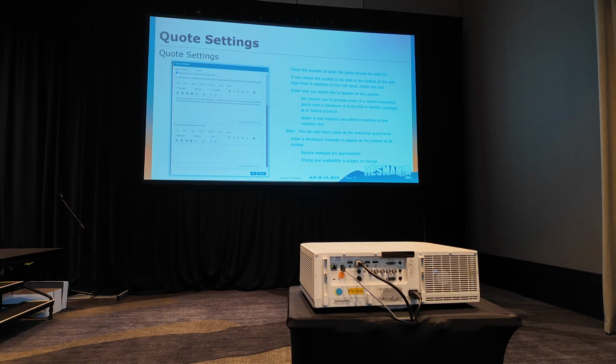Maybe something along the lines of, water is billed separately and sub-metered and is due in addition to your rent, things of that nature. And then the second section is for our disclosure message. Square footages are approximate, pricing and availability is subject to change. So maybe some of that legal mumbo jumbo that we need to include.